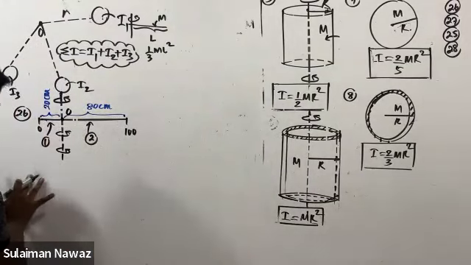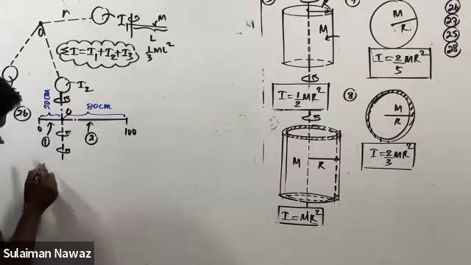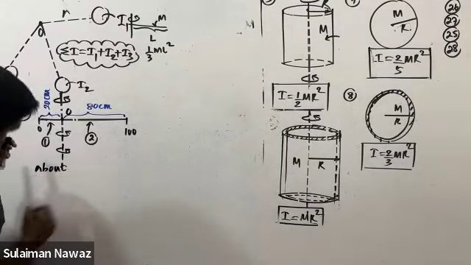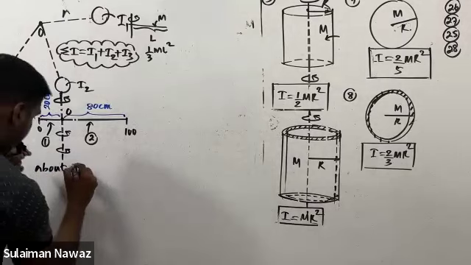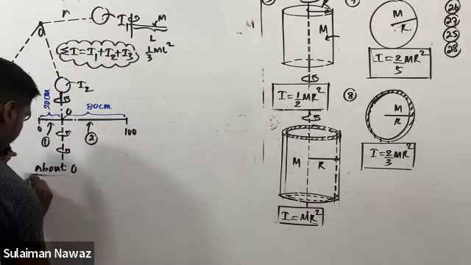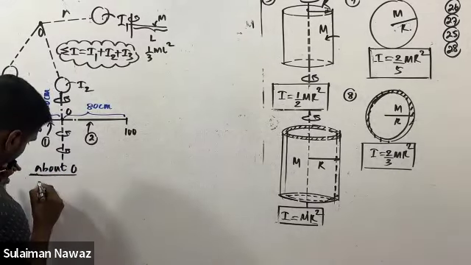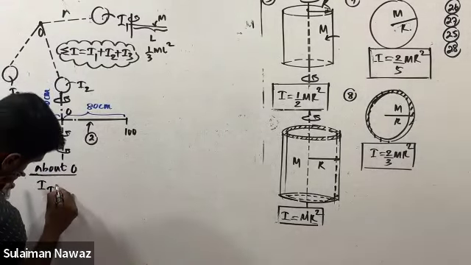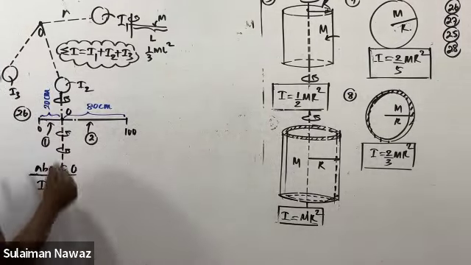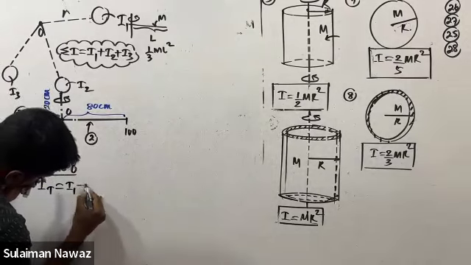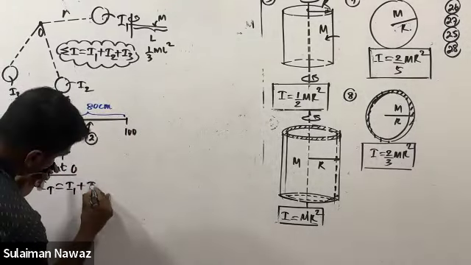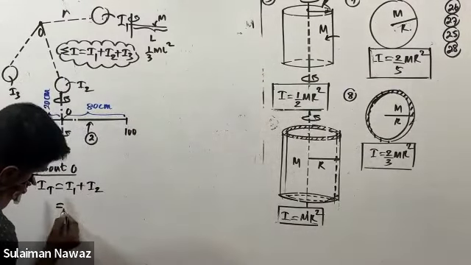So the total moment of inertia about point O must equal the moment of inertia of part 1, I1, plus the moment of inertia of part 2, I2.